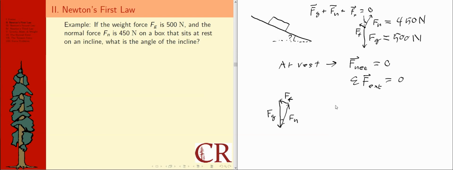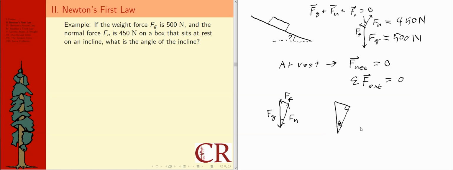If I redraw this as a triangle, this is the triangle that those forces made up, and this is the angle I'm looking for, so maybe I'll call that theta.